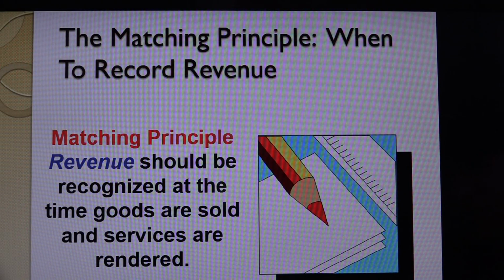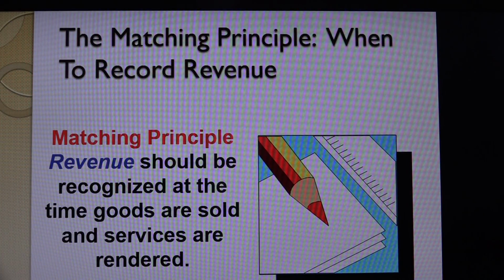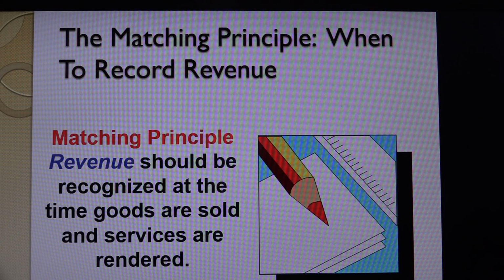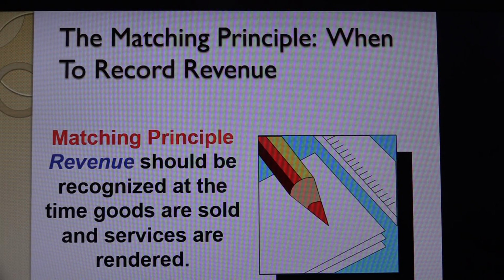Well, how does that differ? I mean, that's the accrual of accounting. And the matching principle says, well, we have to match it up at the time we earn it, not when we receive the cash, which will be at a later time, right?